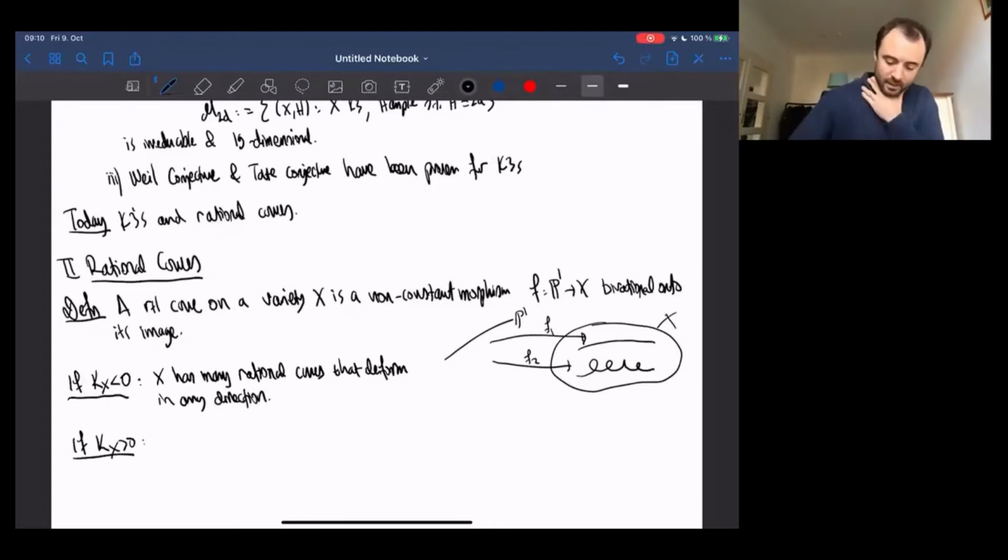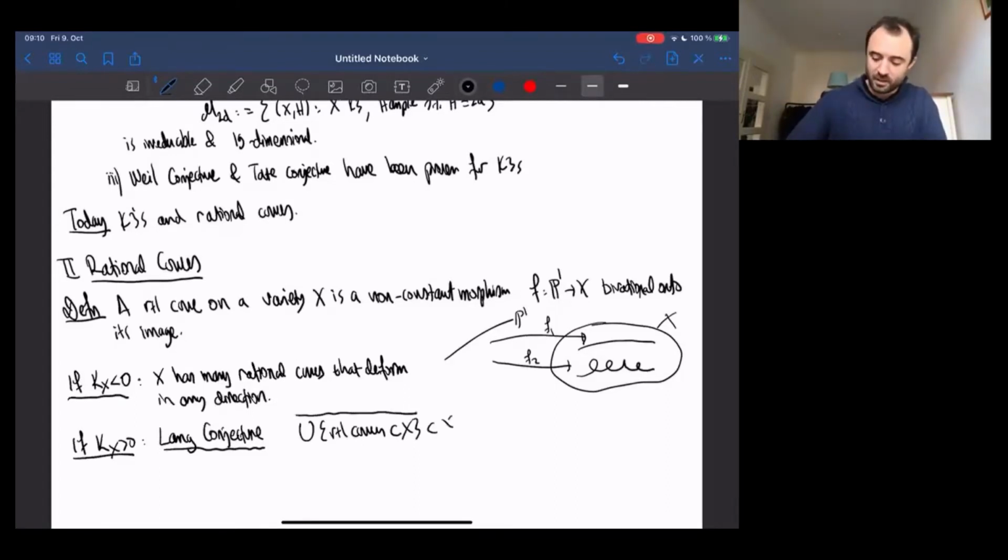then the conjecture of Lang tells us that we should expect at least that if I take the union of all rational curves inside X and I take its closure, then this is a proper closed subset of X. Okay.